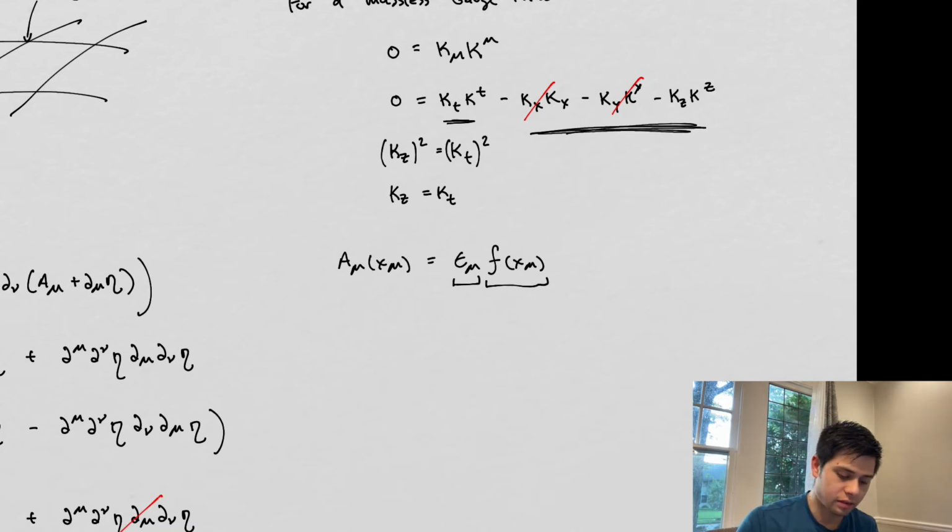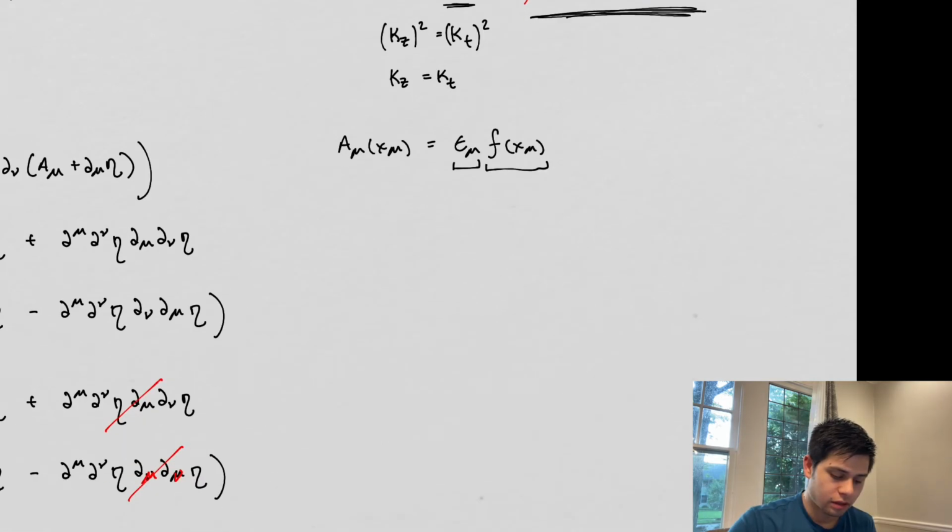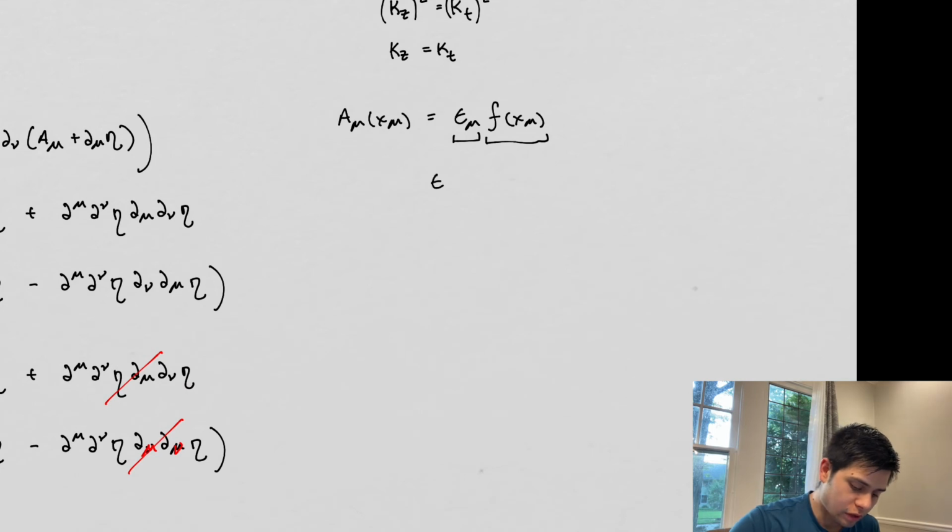This means that E mu, or epsilon mu, is actually a vector. It's actually a basis vector in which it looks like this. And we can pick another one that looks like this.